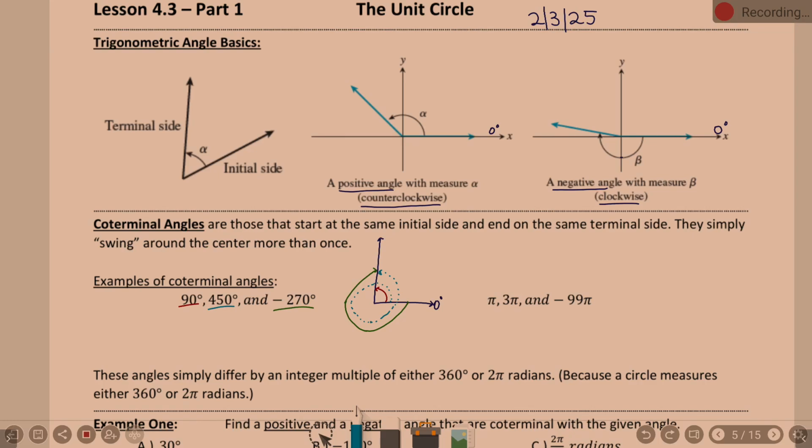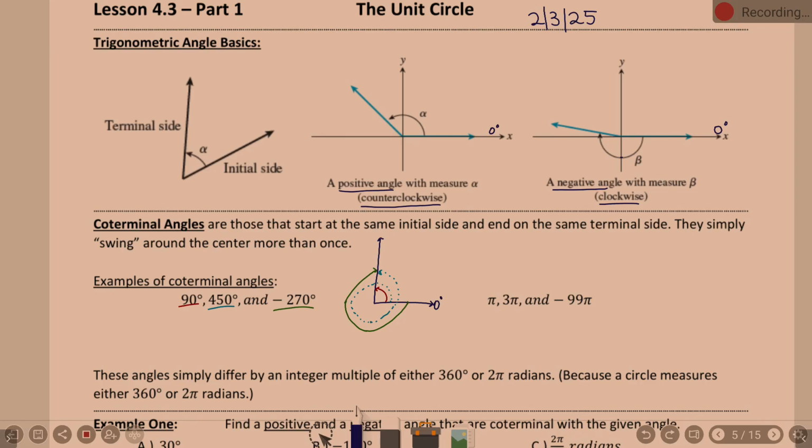Now, what do you know about pi? We've talked about pi. Pi is the same as 180 degrees, yes? If you go back, you have that unit circle on the page before, yes? There's your reference to help you get familiar with this. Pi is at 180, yes?